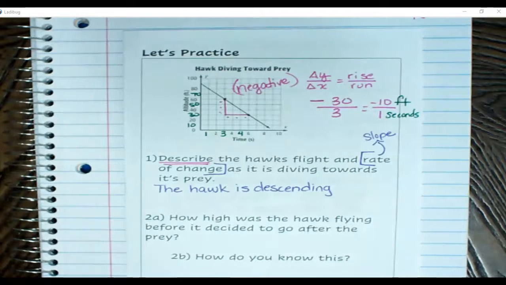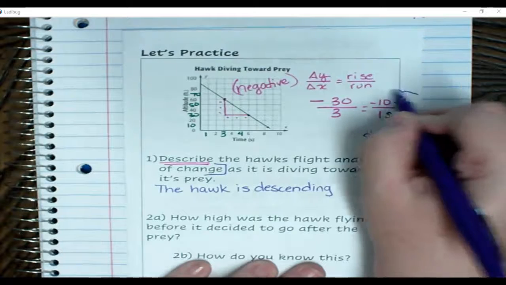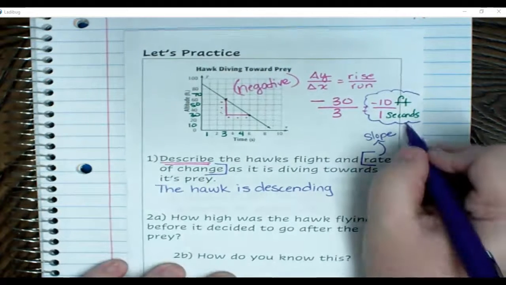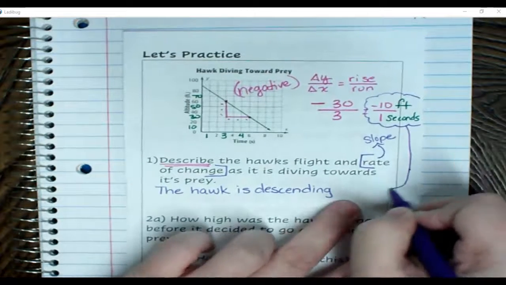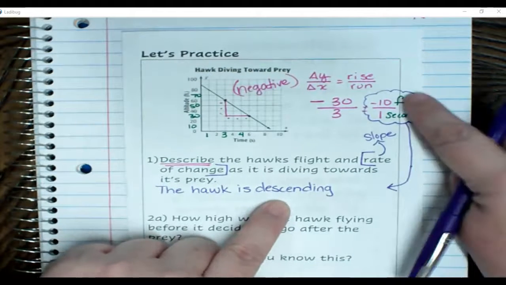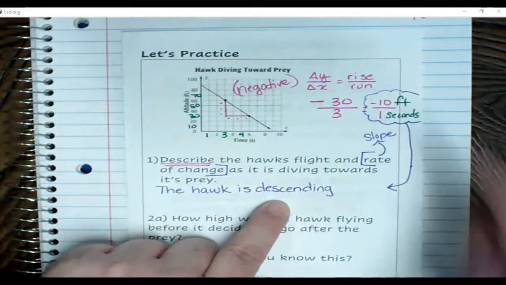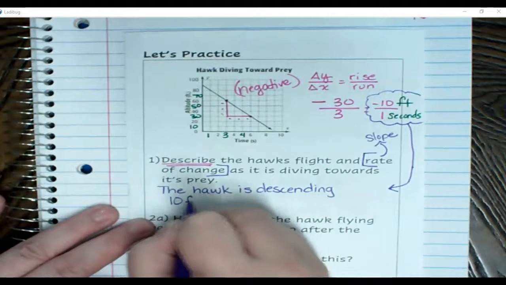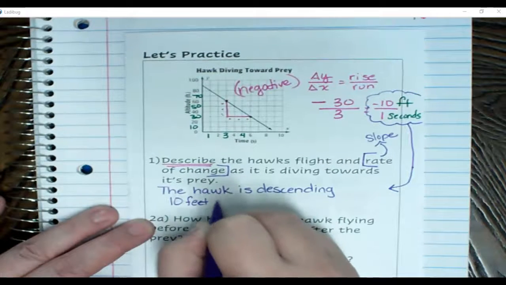So now we need to put all of this into our describing statement. We already have the negative sign taken care of by the hawk is descending. Now we just need to add in this rate. So the hawk is descending 10 feet per second.